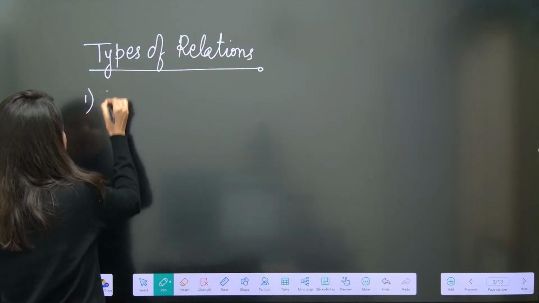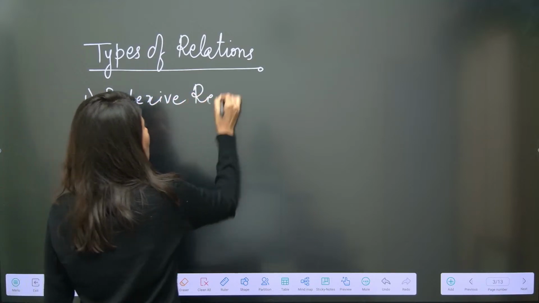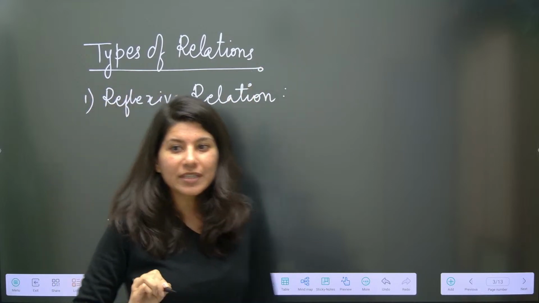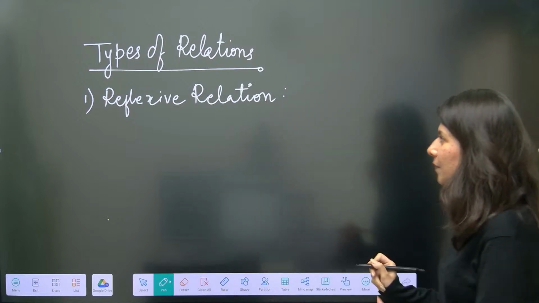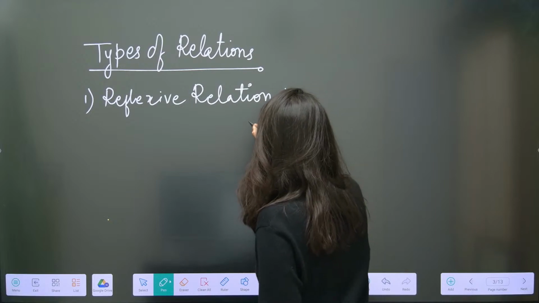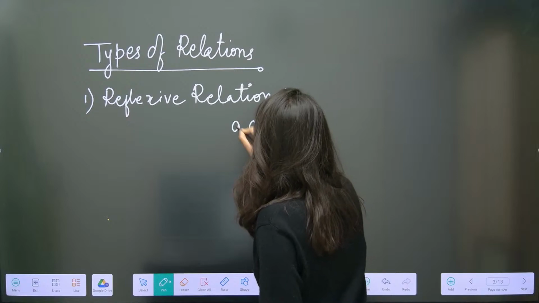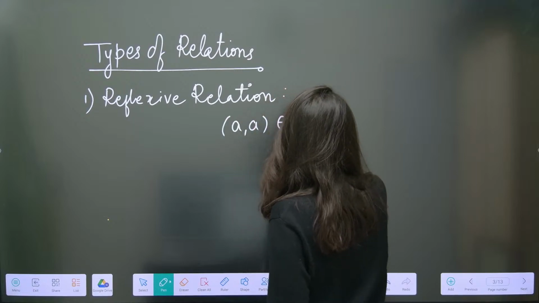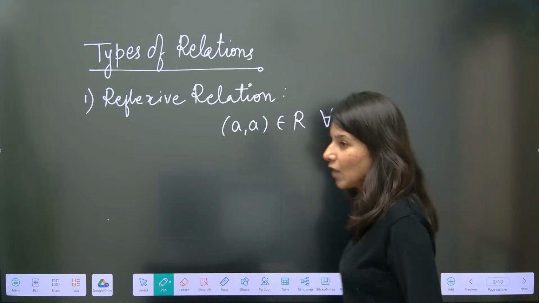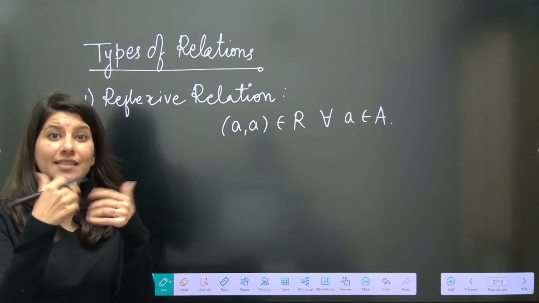So the very first is the reflexive relation. Are you able to recall what a reflexive relation is? Suppose a relation R is defined on set A, and (a, a) should belong to your relation R for all values of a belonging to set A. If a relation is defined on set A, that means a set A is given to you.